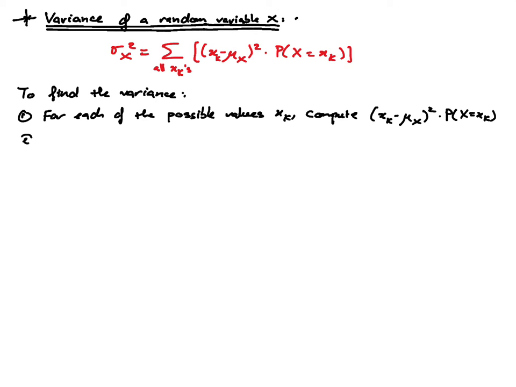And then you want to sum that quantity up, right? So sum (x_k minus mu X) all squared times P(X equals x sub k) for all the possible x sub k's.